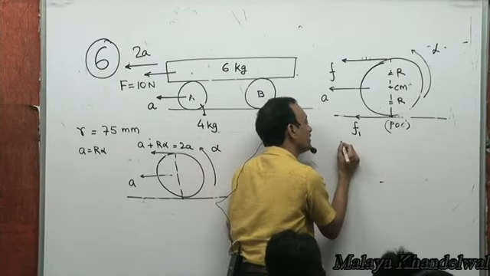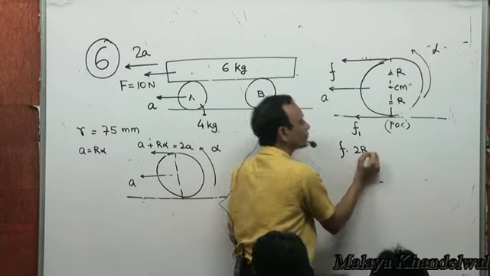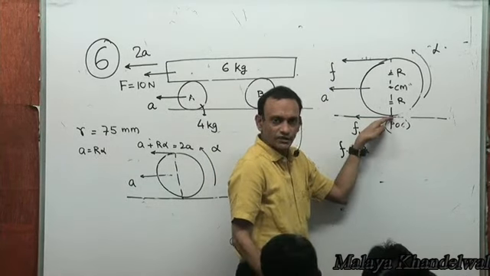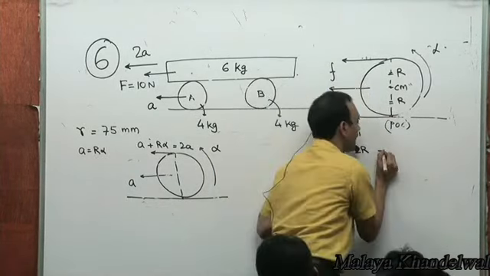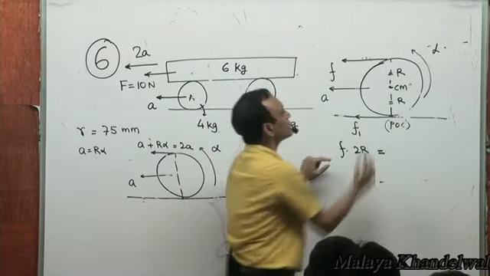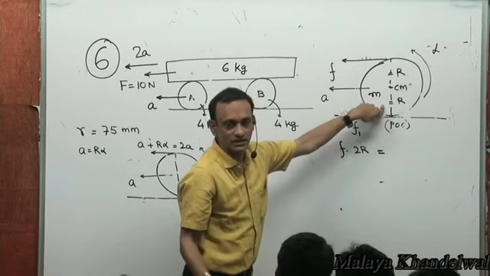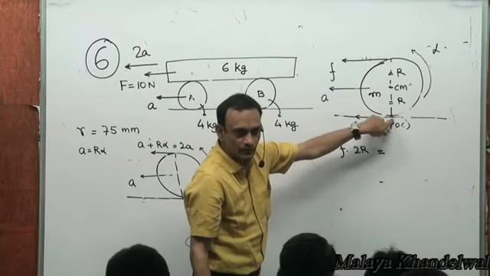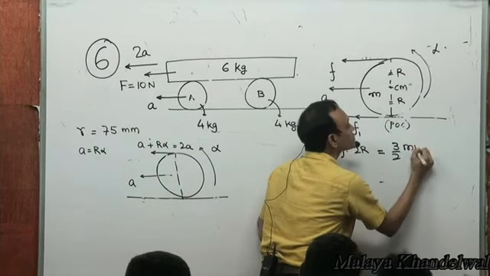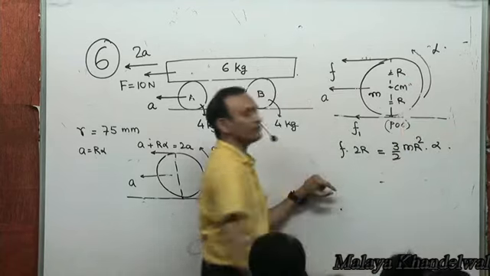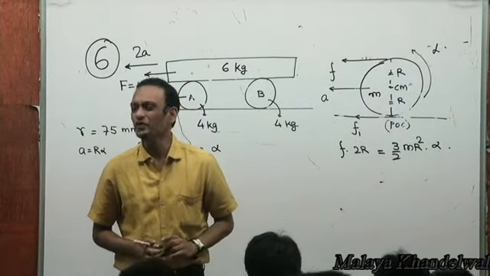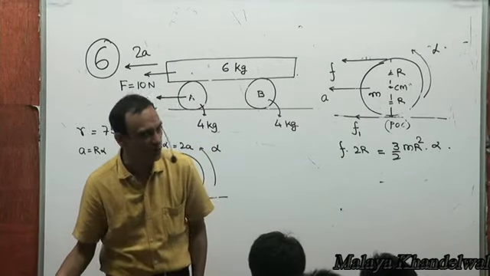So what is it that we have? F into 2R is the torque about the point of contact. That's the net torque, anticlockwise. That must be I about the point of contact, which is what? 3 by 2 mr squared. If small m is the mass of the disk, then 3 by 2 mr squared is the I about the point of contact. So 3 by 2 mr squared into angular acceleration alpha. That way F1 doesn't feature in the equation. I don't want F1 to unnecessarily feature in the equation, right?